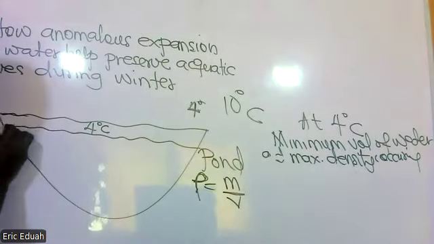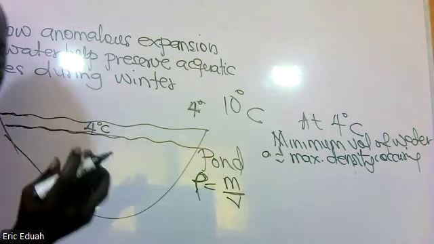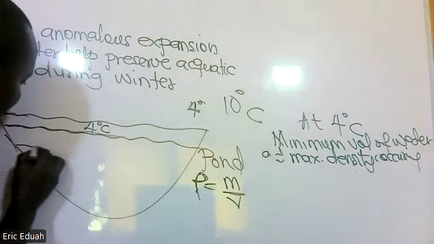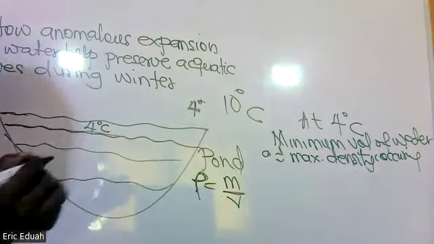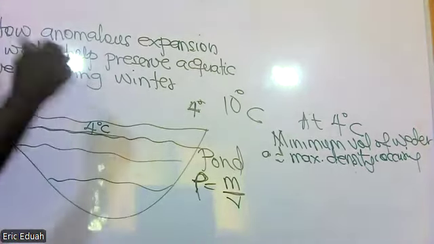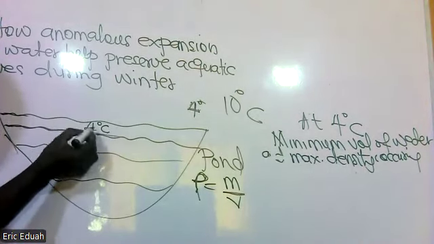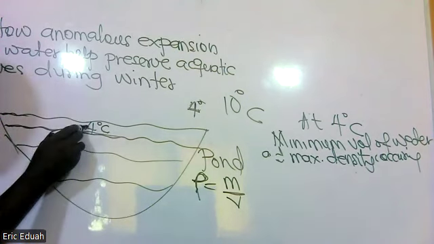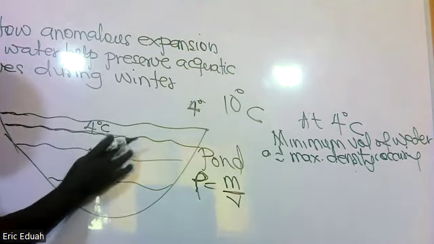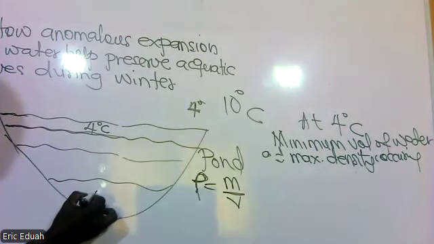So if this section experiences a temperature of 4, then among all the layers of water, it will be the most dense section. So because water is heavier at 4, it will displace all the layers of water and come and settle below.